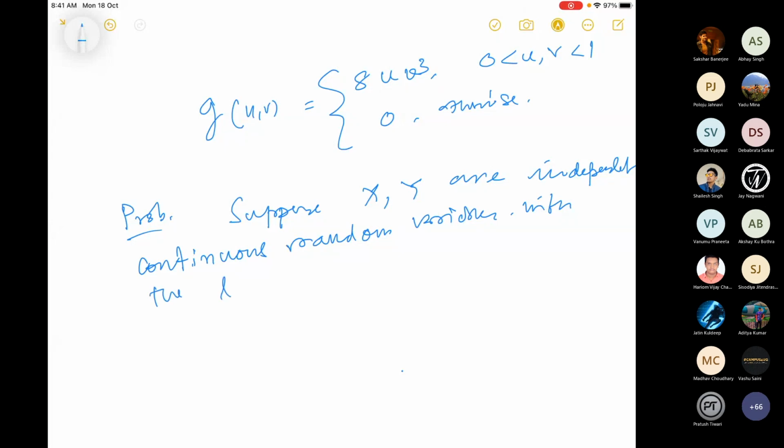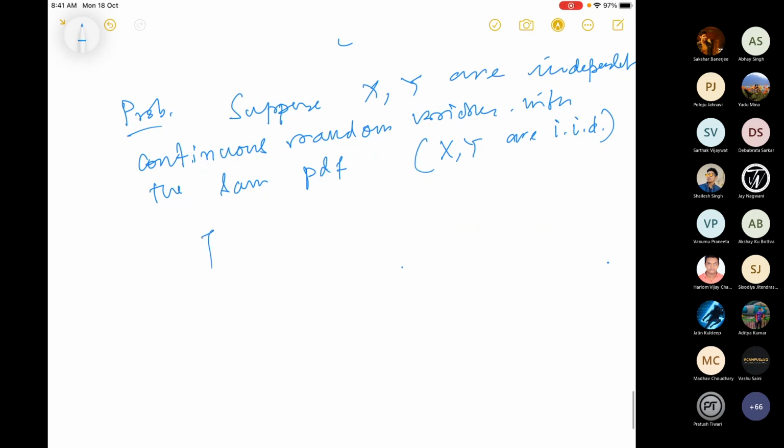With the same PDF, they are IID, independent and identically distributed. Then the PDF is, let's say, e to the power minus x for 0 less than x less than infinity, and 0 otherwise.